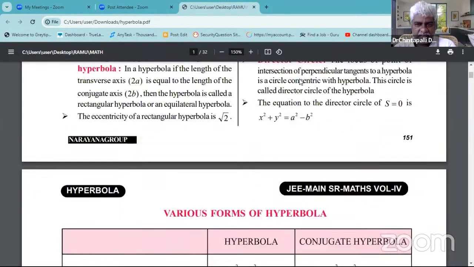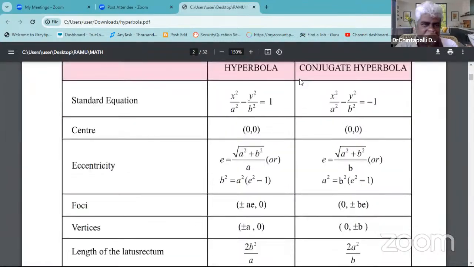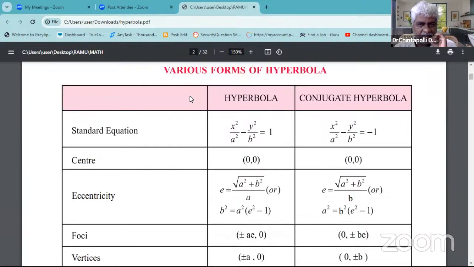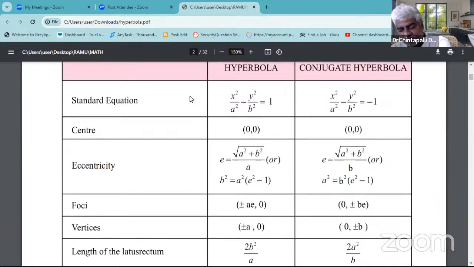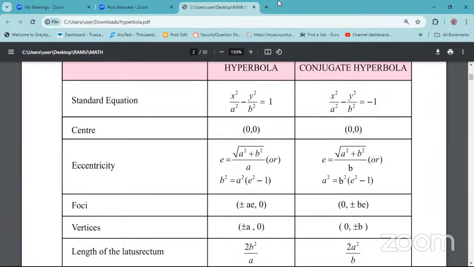Now, let's compare the formula for hyperbola and conjugate hyperbola. Previously, we compared the formula with ellipse. Now we compare this formula with conjugate hyperbola.